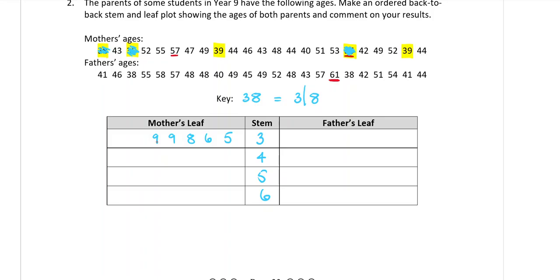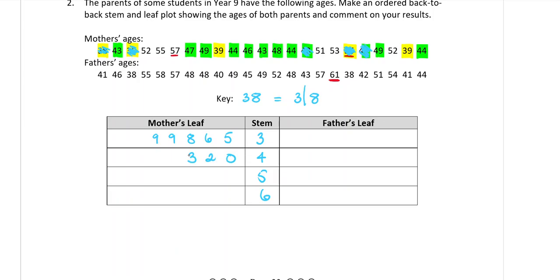Okay, now go to the 40s. So we have 43, 47, 49, 44, 46, 43, 48, 40. Oh, there's a lot of 40s. Okay, what is the smallest one? 40. Then, yeah, then 43.